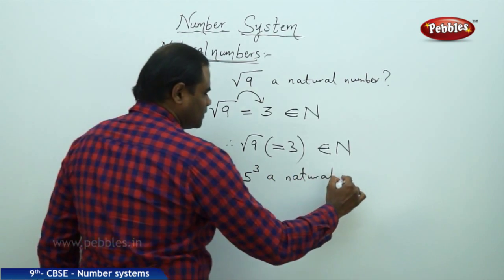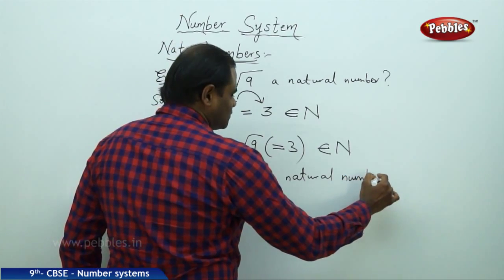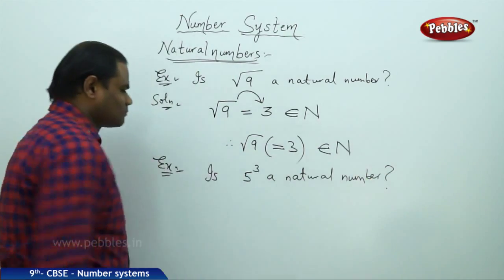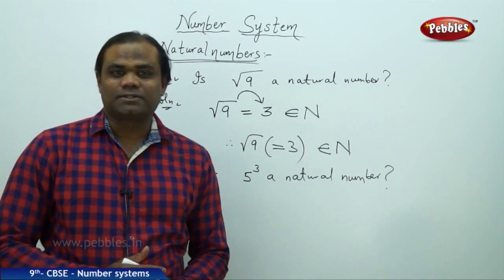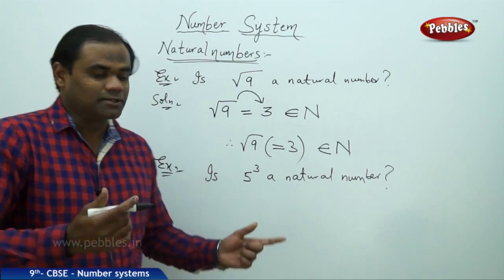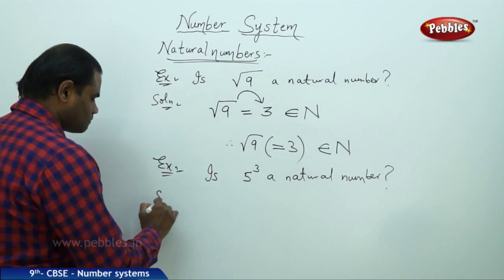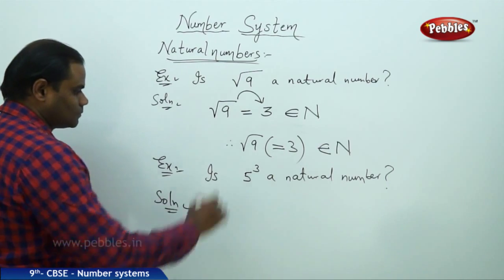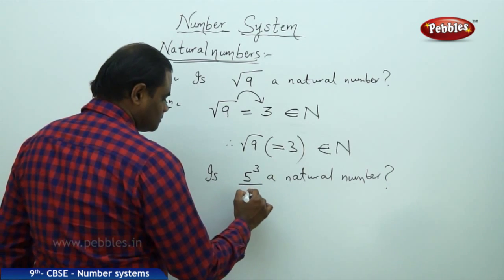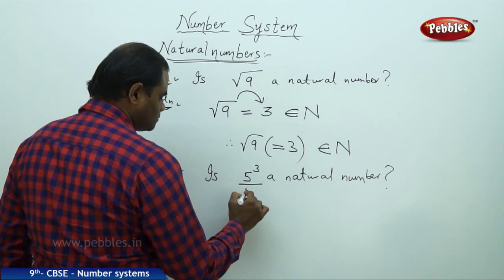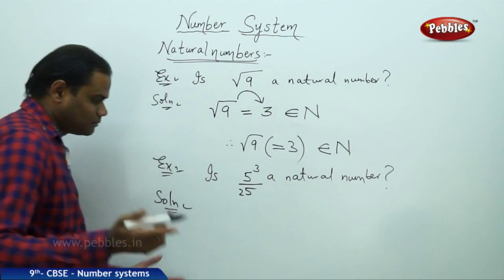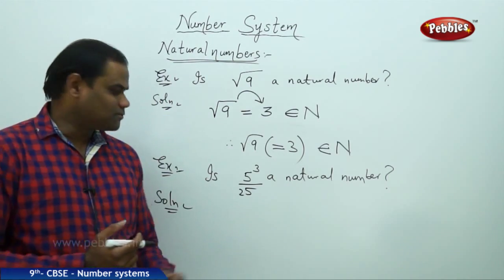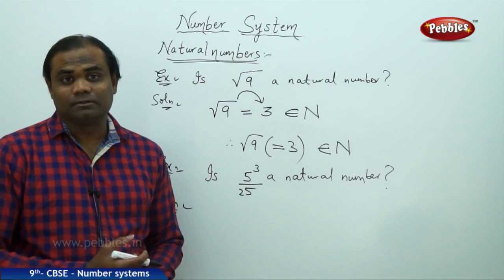Is 5 cube a natural number? This is my question. Or let me add this to it. Now, is 5 cube by 25 a natural number?